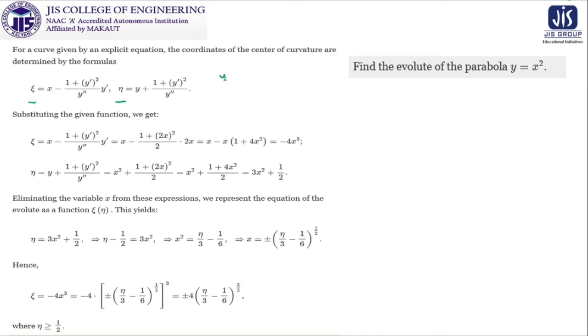Now as y is equal to x square, y dash, meaning the differentiation of y with respect to x, is 2x, and y double dash is nothing but 2. So in the y dash position we will write 2x, and in the y double dash position we will write 2. Then after simplifying we get eta is equal to minus 4x cube. Clear?